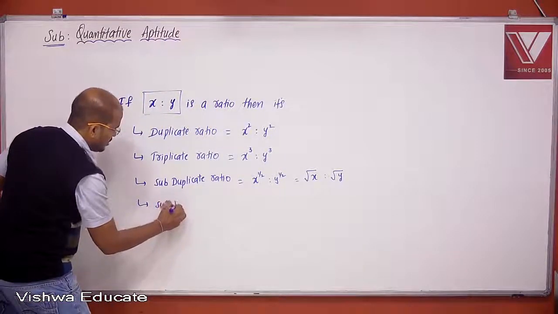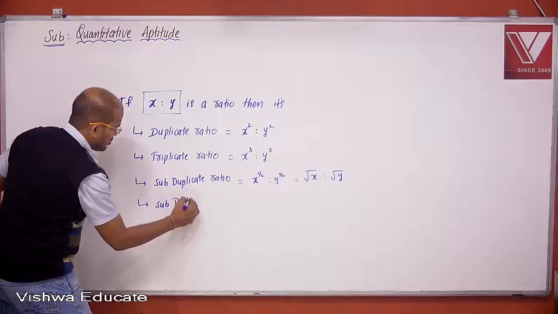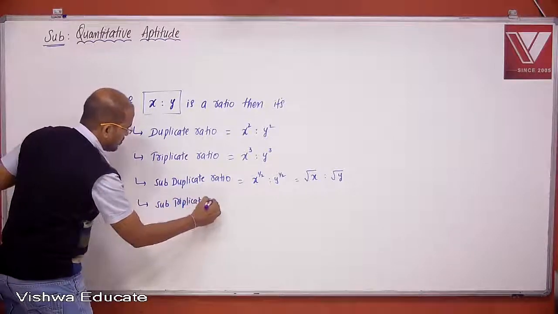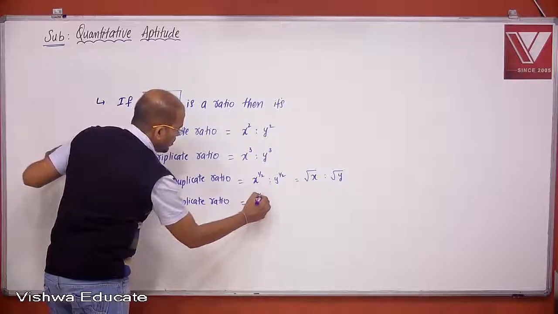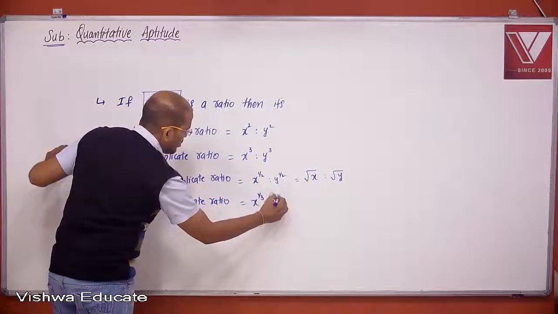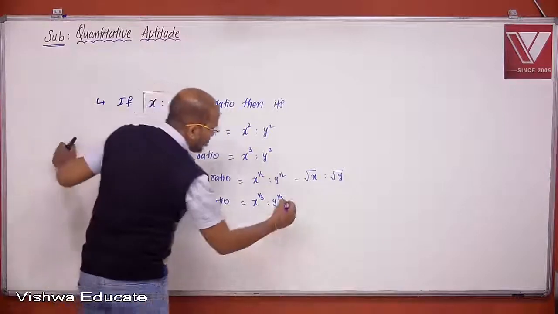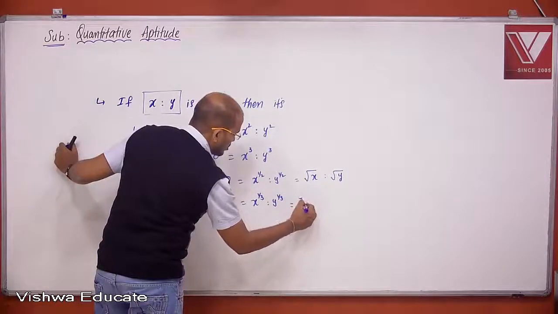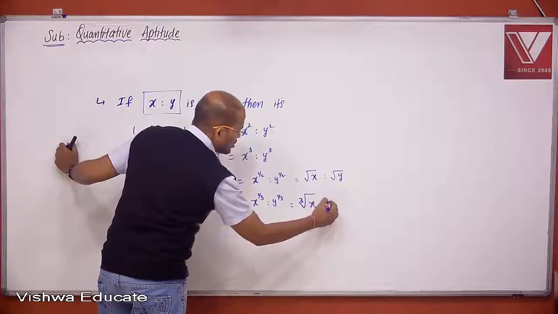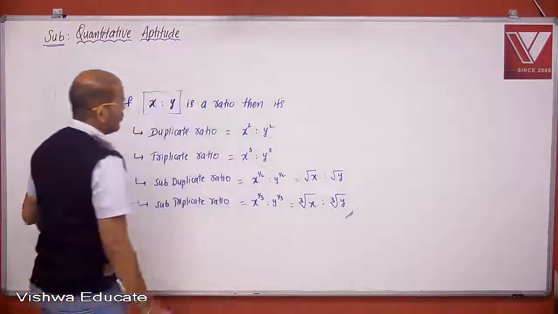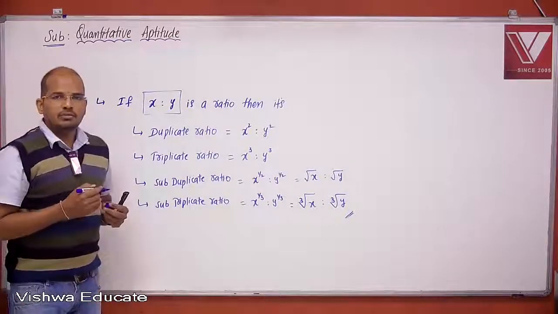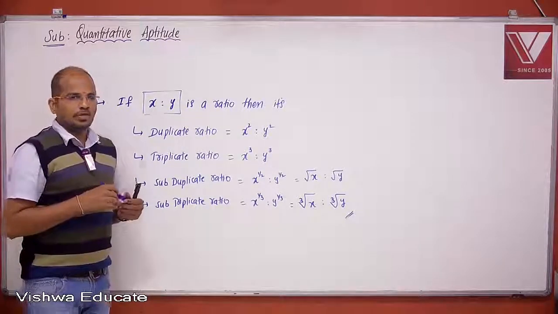And the subtriplicate ratio would be x power 1 by 3 is to y power 1 by 3. People call it as cube root of x is to cube root of y. So four concepts: duplicate, triplicate, subduplicate and subtriplicate. Please copy it down.